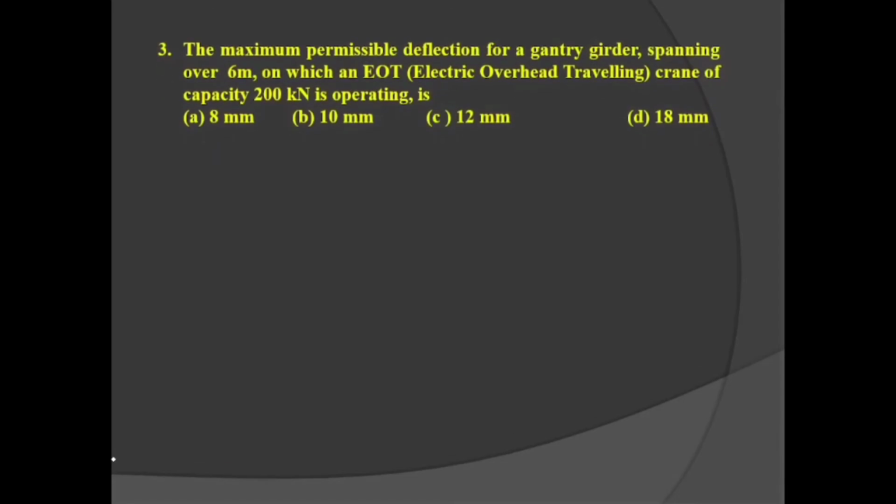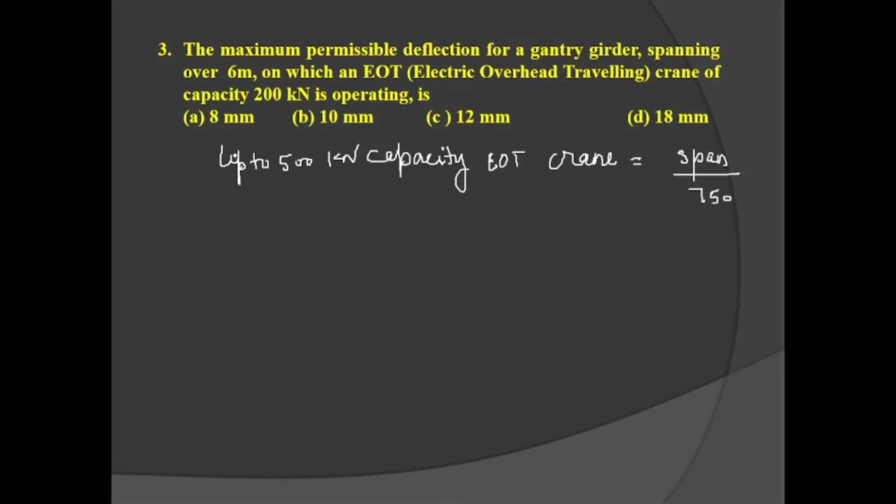Okay, now question number 3. The maximum permissible deflection for a gantry girder over a 6 meter span, electrical overhead traveling crane, EOT crane. So my dear students, up to 500 kilonewton capacity of EOT crane, as we know, span divided by 500 or span divided by 750 is the maximum deflection in the gantry girder, delta maximum.